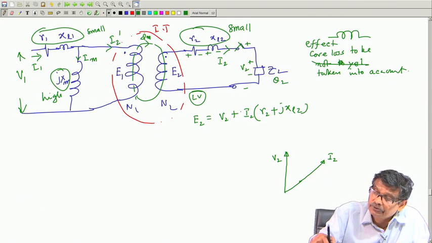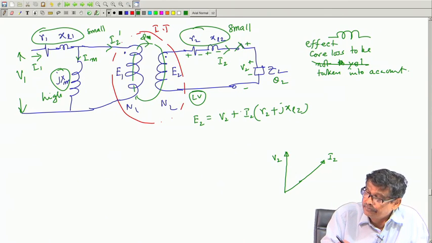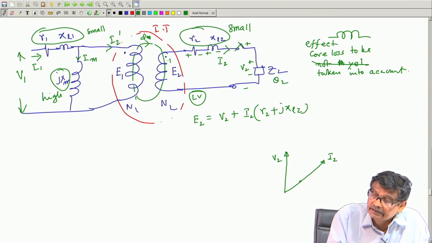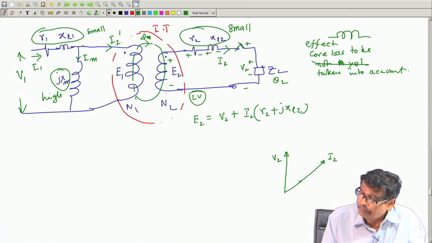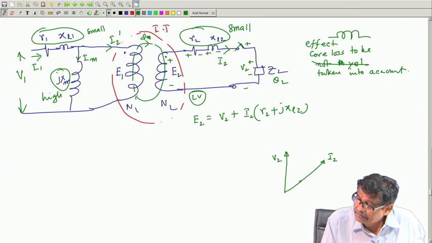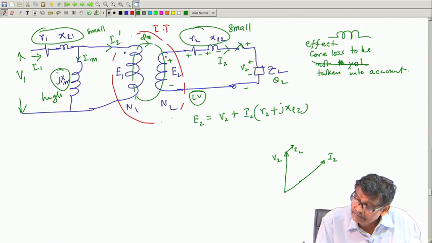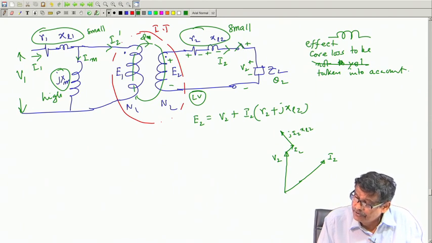So, V2 plus these drops gets E2, plus minus. This dot I have put. So, V2 plus I2R2 parallel to this, and plus jI2XL2, and if you add this you will get E2.